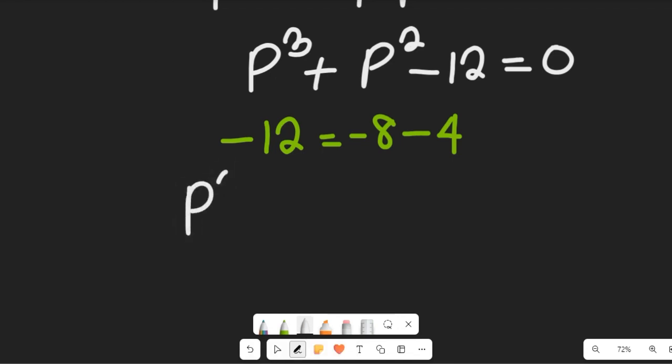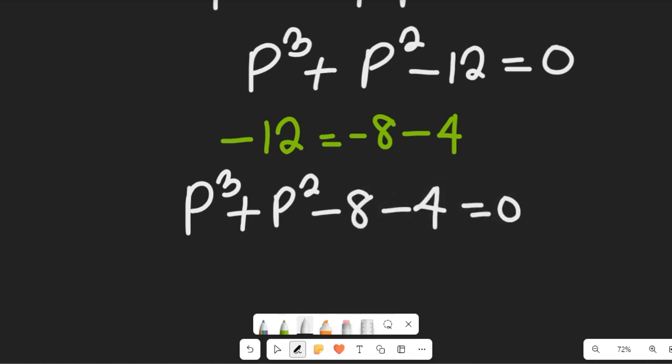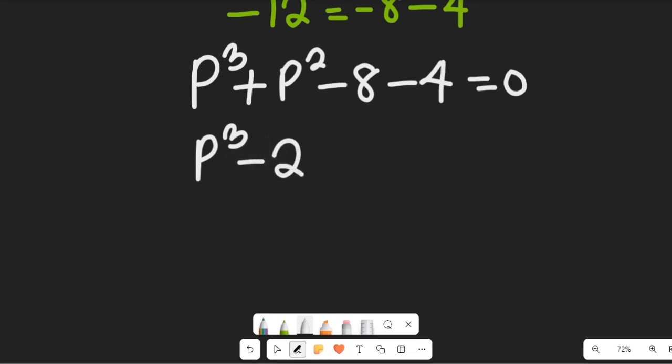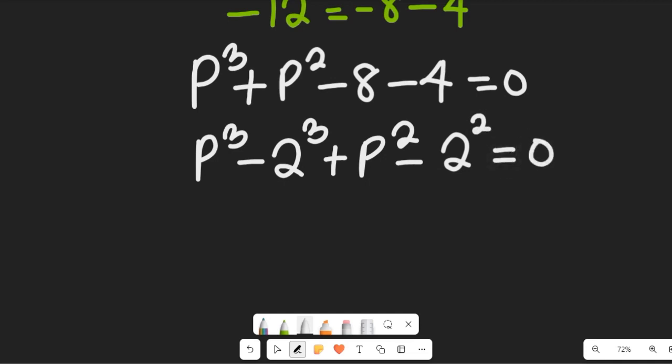And this will give us p to the power of 3 plus p to the power of 2 minus 8 minus 4, and this will be equal to 0. If we simplify this, we're going to have p to the power of 3 minus 2 to the power of 3, which is 8, plus p to the power of 2 minus 2 to the power of 2, which is 4, and this will be equal to 0.